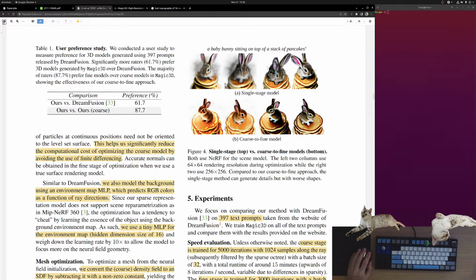Even if you increase the resolution, which they did here, 64 to 256, you get higher quality, but you're still getting these terrible artifacts like these two eyes of the bunny, versus the full pipeline works better, right? So the 256 resolution single stage model is actually worse than the 64 resolution coarse to fine model.